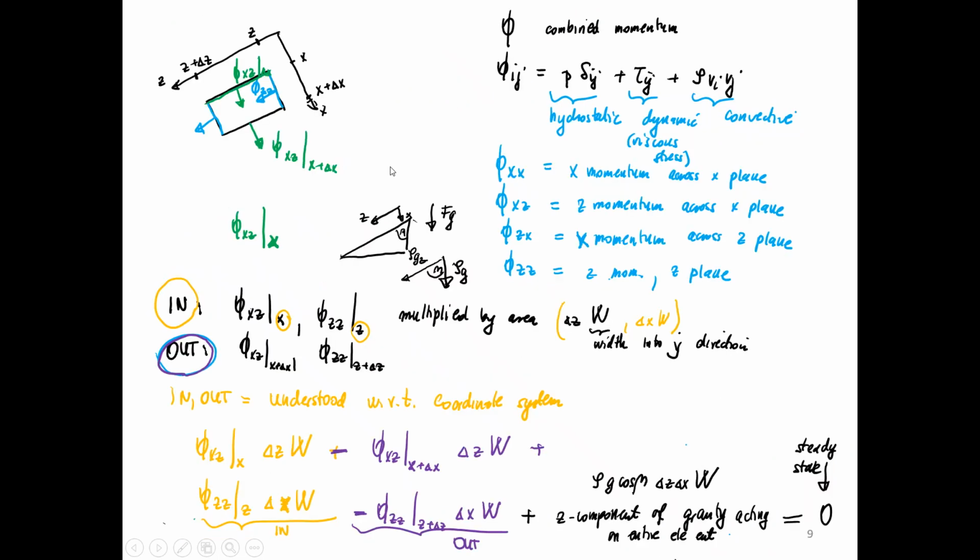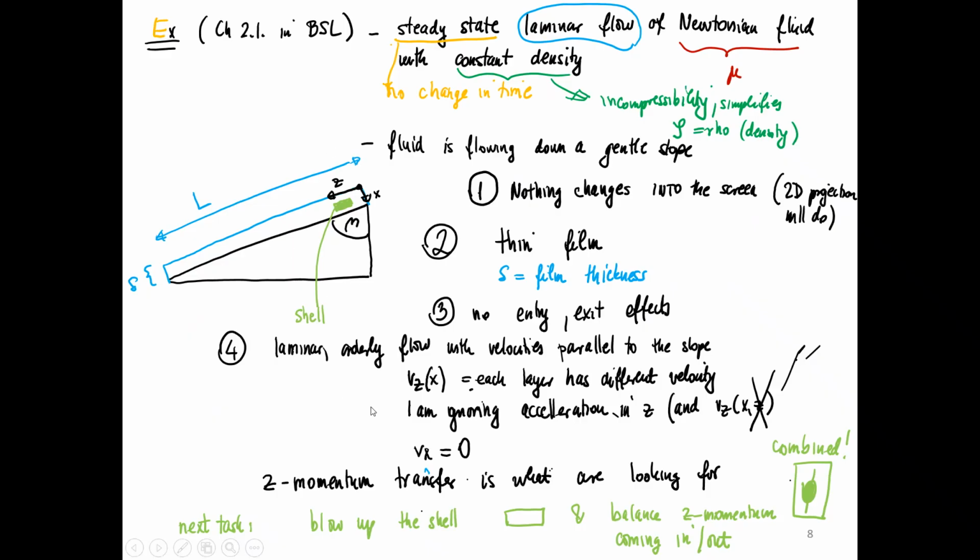And y I basically disregard right now, but it's going into the plane and everything is repeated in the y direction. So z are my only velocities going down. I'm assuming that there are no x velocities. So basically my vx is 0 and my vz is just a function of x. That's a simplifying assumption. Okay?